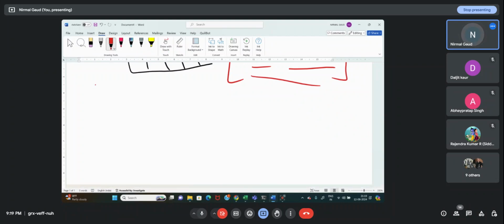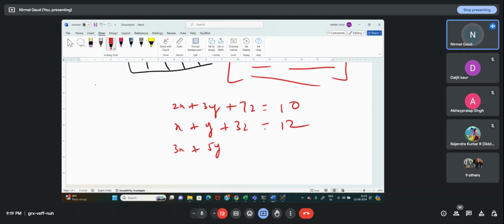The equations will look like this: 2x plus 3y plus 7z equals 10. x plus y plus 3z equals 12. 3x plus 5y plus 2z equals 14.